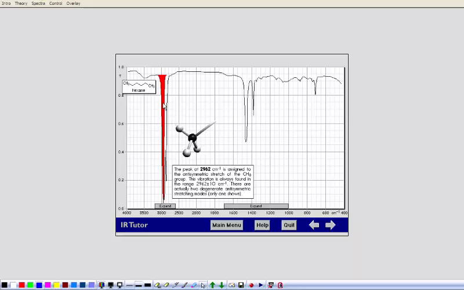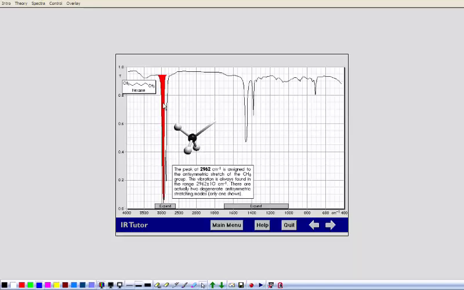We make the skeleton out of CH single bonds, and then occasionally we throw in an OH or a C=O double bond or something like that as a functional group. So most times you're going to see peaks below 3,000. If you don't see peaks below 3,000, that's a unique infrared, because that means there aren't any sp3 CH bonds in it, or very few. So we normally find things below 3,000.